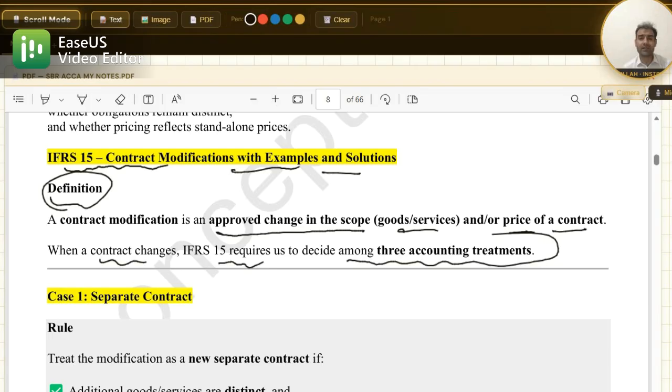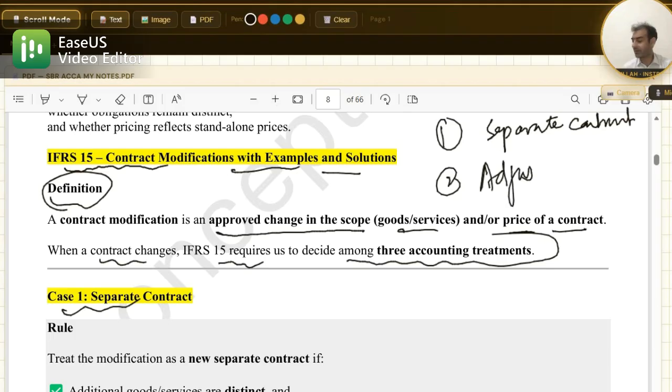The first one is to treat it as a separate contract, and this will be case number one. The second one is adjusting the existing contract prospectively, which means forward looking.